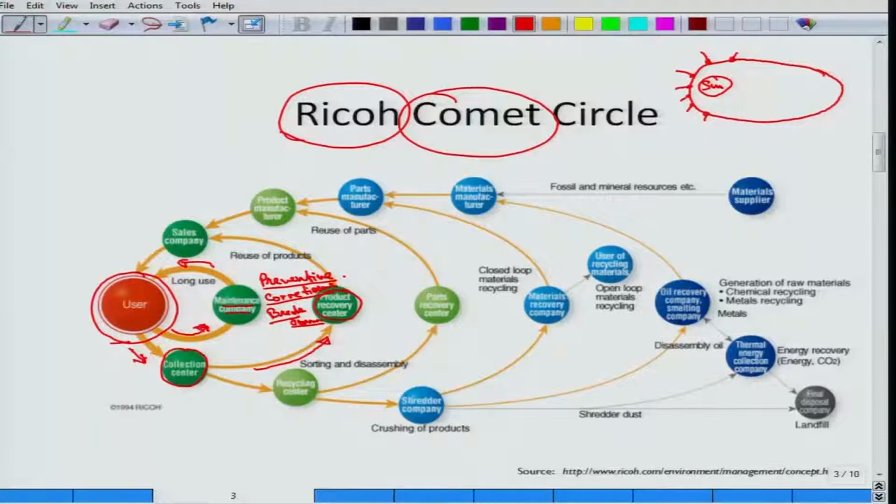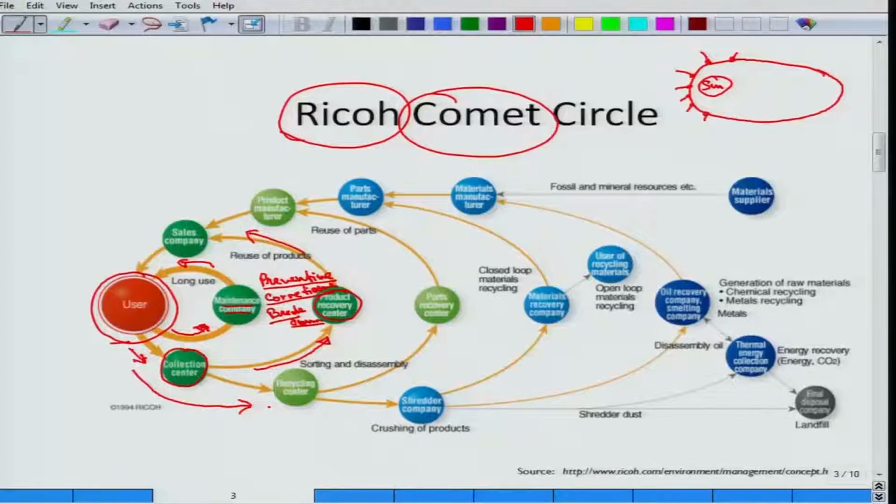Or maybe some components are changed and the sales company would again send it to other users who would like to purchase a used bike.